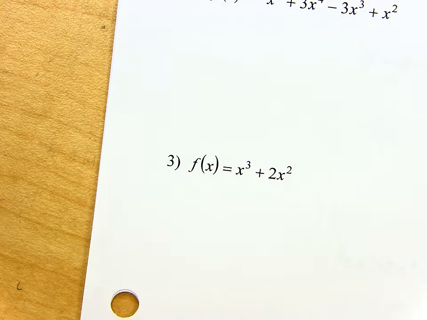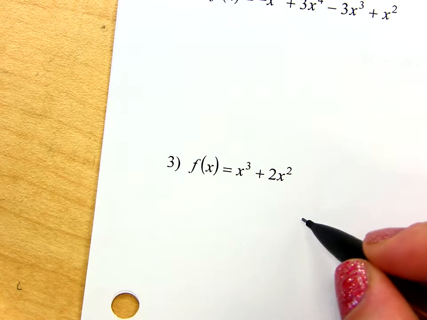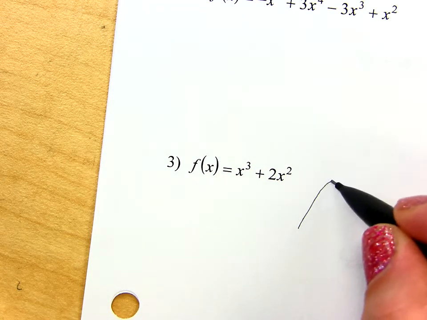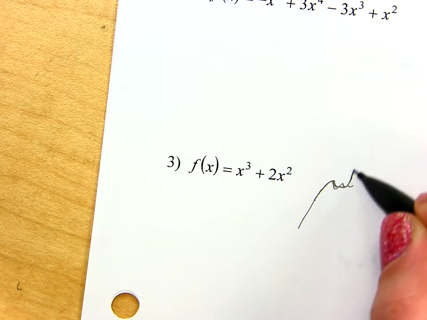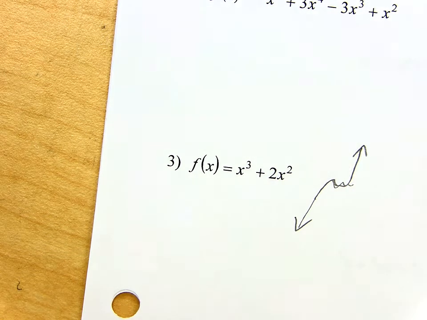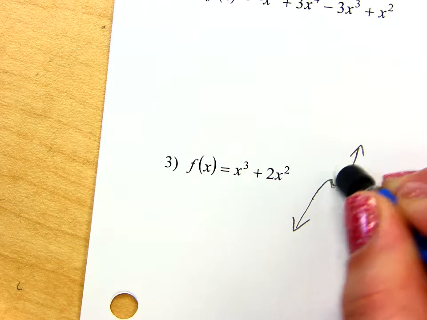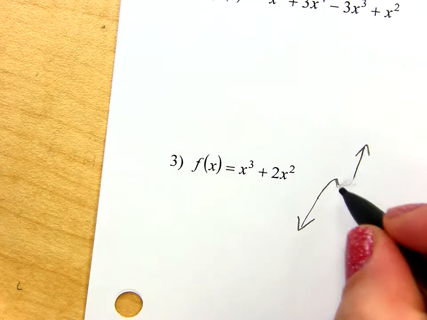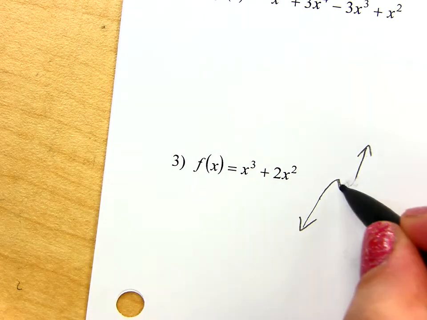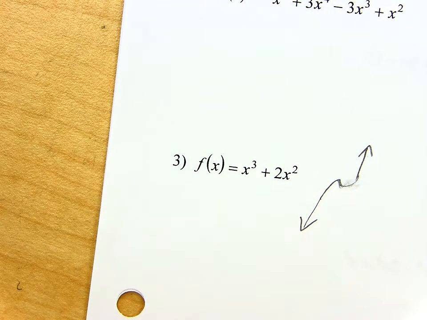So what does it normally look like? They come from down below, they do some business, and then they go up. So again, I don't really care too much about the middle right now, I just care about the ends.